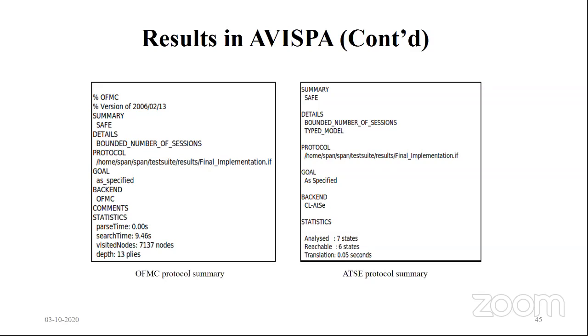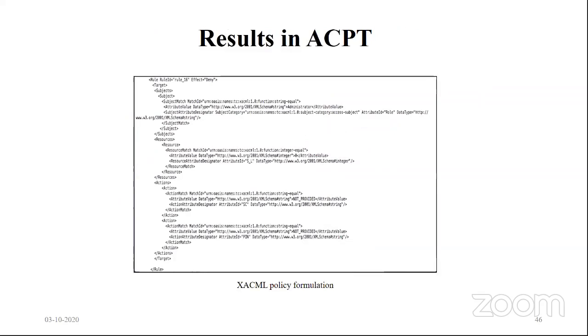Then there is the ATSE protocol summary, in which you can see how many states were analyzed and reachable, because here we see the execution of the scheme in terms of states and their transitions. So the more states there are, the more complex the protocol is.